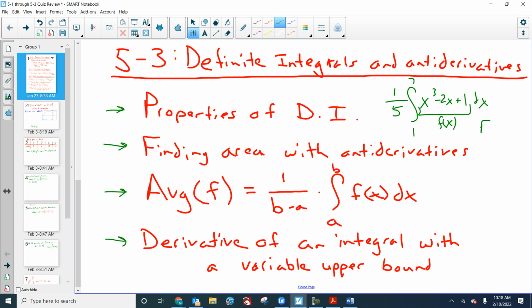And then I will say in the directions, I need to see your antiderivative function. That is a checkpoint along the way. So maybe you write out the antiderivative, and then you show me what capital F of 7 is, capital F of 1, show the subtraction, and don't forget to put a fifth out front.